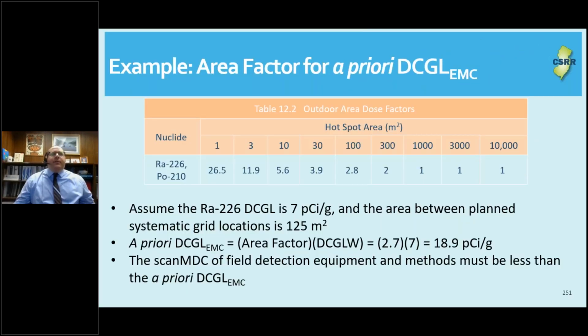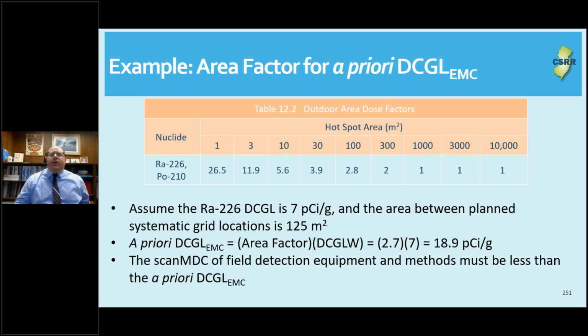So using the example figure, we will assume the radium-226 DCGL is 7 picocuries per gram and can calculate the area between planned systematic grid locations is 125 meters squared. Using a table of outdoor area factors, we can determine the a priori DCGL EMC.